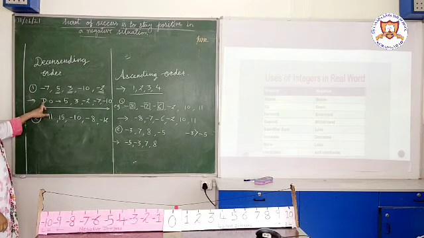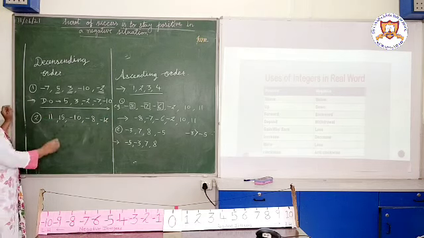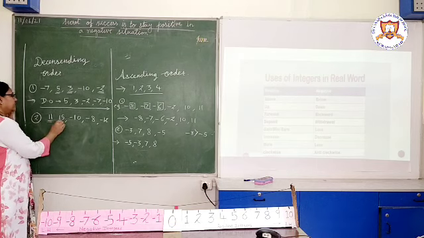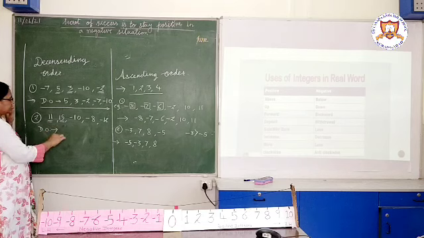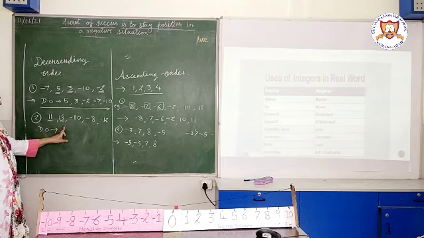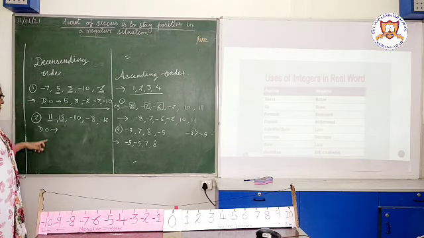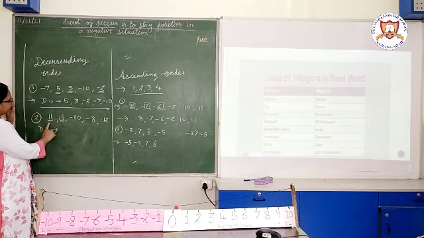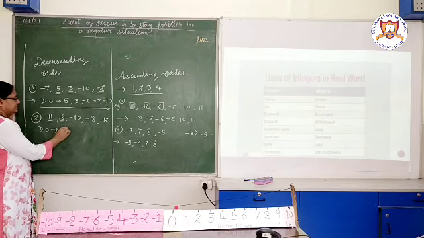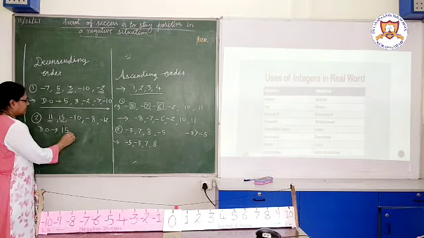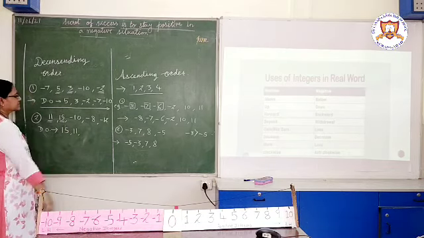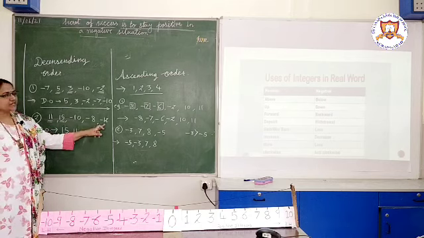So for descending order, first we write the positive integers, because positive integers are always greater than negative integers. Between these two numbers, 15 is greater. So 15, after that 11. Now what about the negative integers?